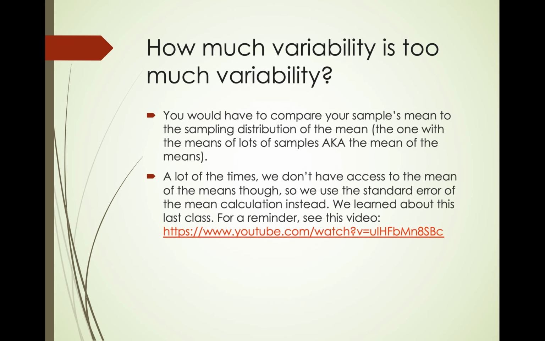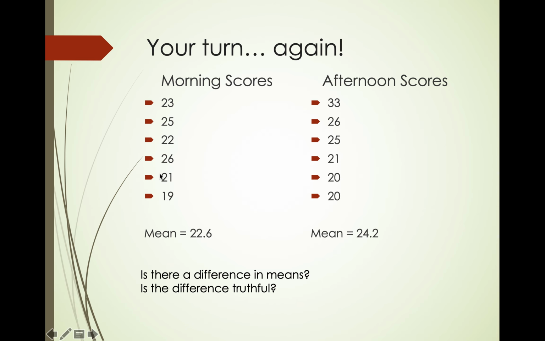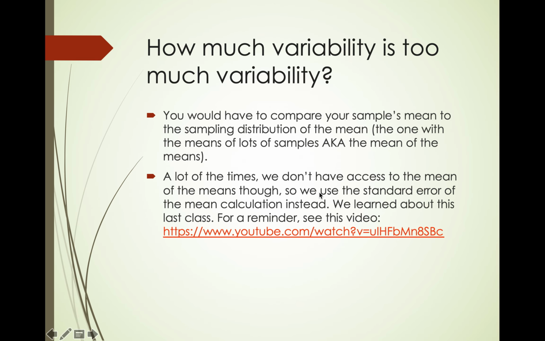So you might be asking, how much variability is too much variability? Because I was just saying, looks good, looks good. So that may have seemed not too methodological for you. You would have to compare your sample's means to the sampling distribution of the mean. We learned about this last class. This was the one where you took lots of different samples and calculated those means, aka the mean of the means.